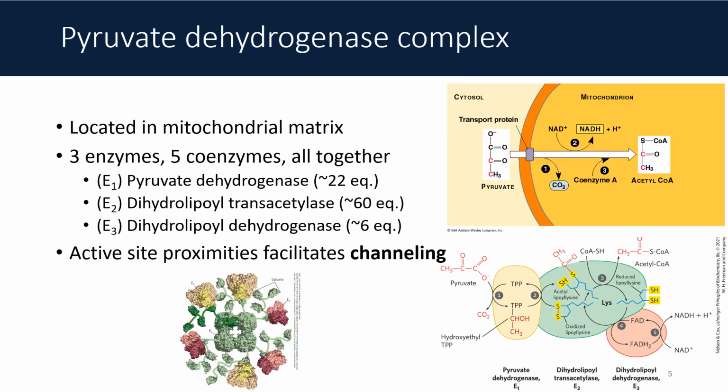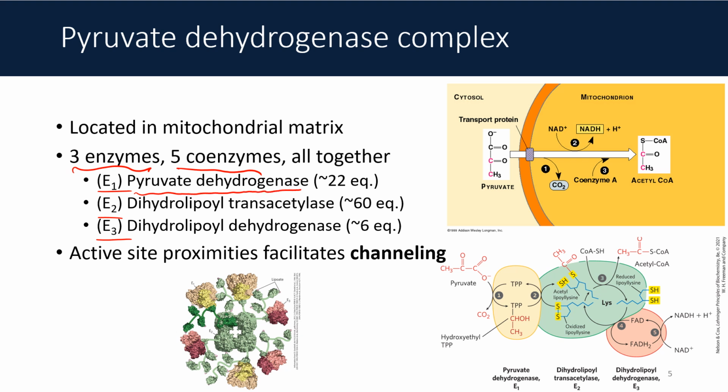The pyruvate dehydrogenase complex is, well, a very complex series of 3 different enzymes, 5 different cofactors, all working together as a single protein that exists between the outer and inner membranes of the mitochondrion. The 3 enzymes involved are called shorthand E1, E2, and E3. And this is where things will get a little bit more messy. The E1 enzyme is called pyruvate dehydrogenase.